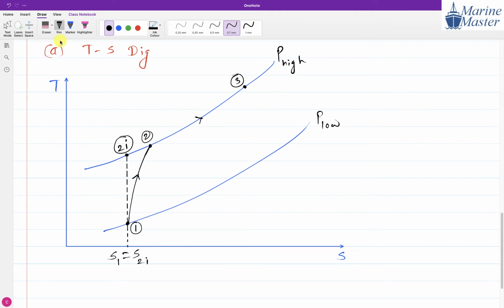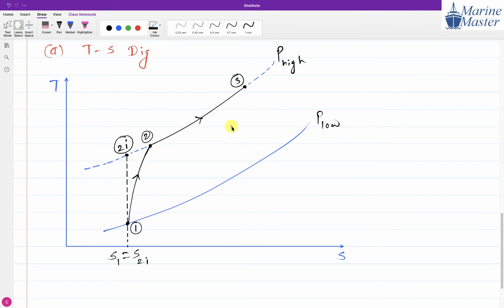We are going to make the remaining part of this high pressure line dotted. Let me make it a little bit darker. So our 2 to 3 follows this high pressure line.